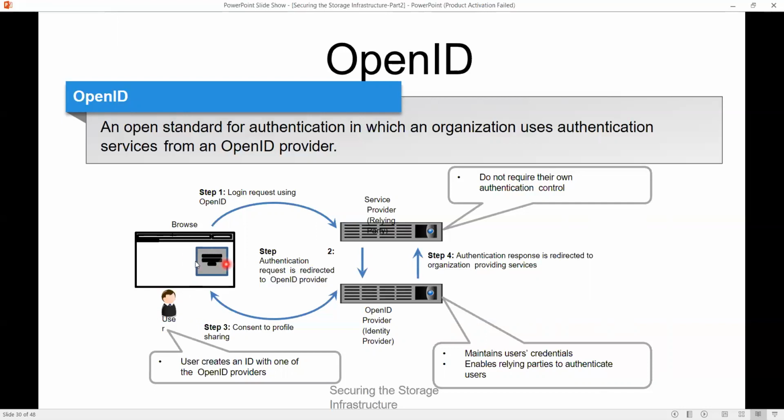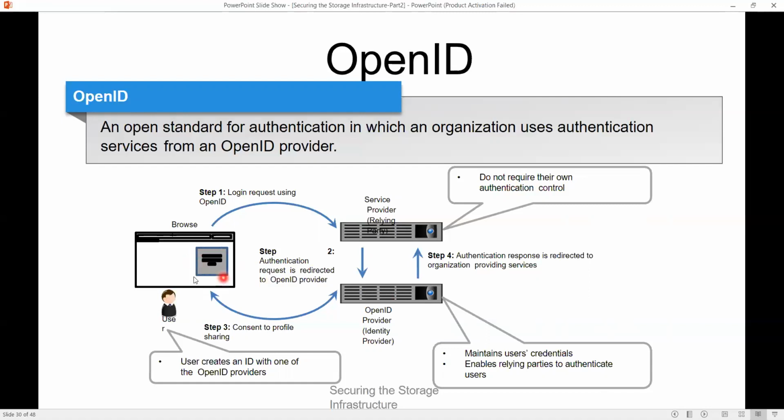Now that site needs a user ID and password. Now that site is relying on some third-party organization, which is OpenID, right? So this particular user has to be first authenticated by the OpenID service, right? Then only it will be able to access that particular site, right?